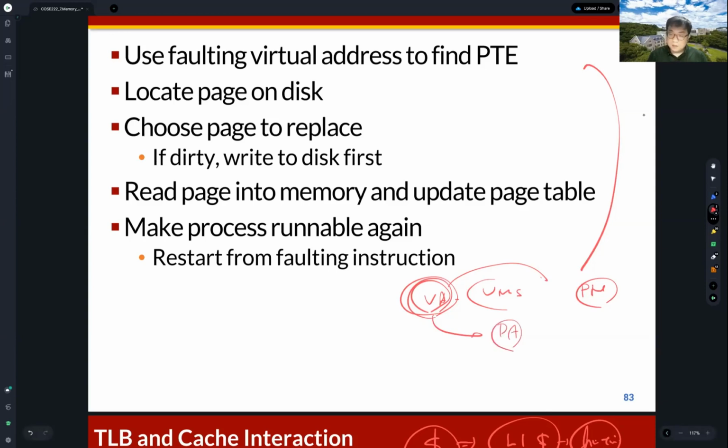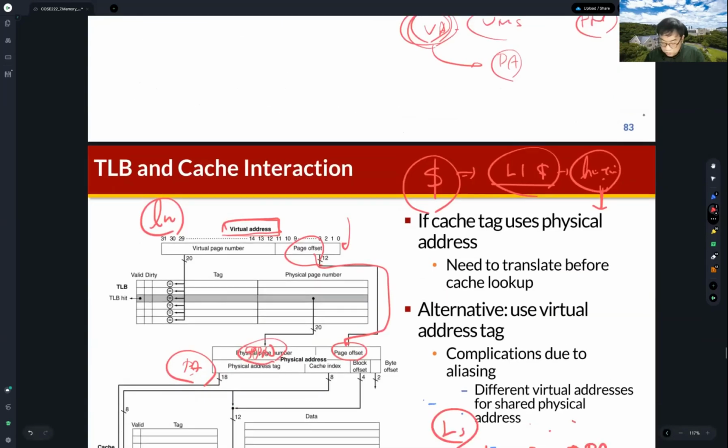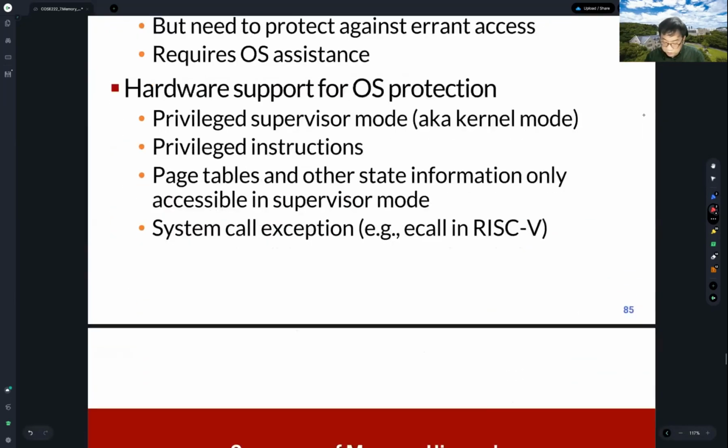To support this translation, the operating system creates the page table. And to support fast translation, the hardware supports a cache of the page table. It's called the TLB. So this is the end of chapter 5.